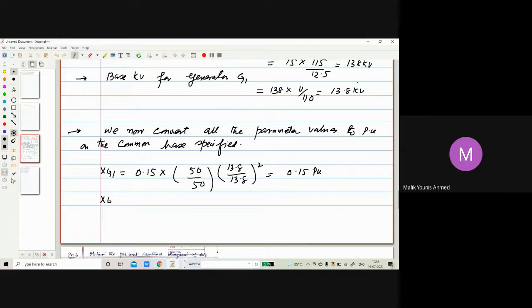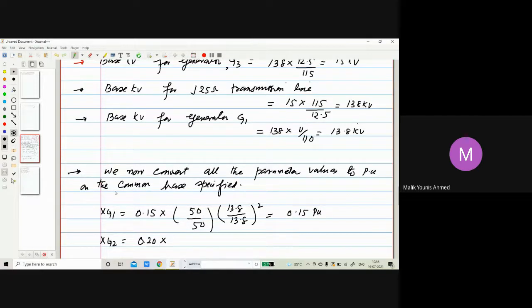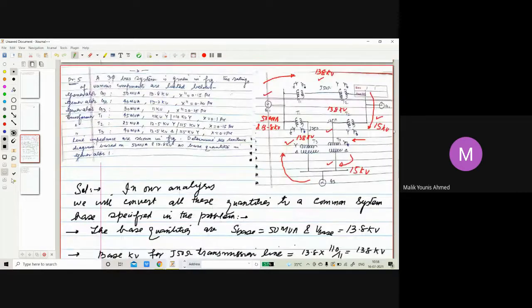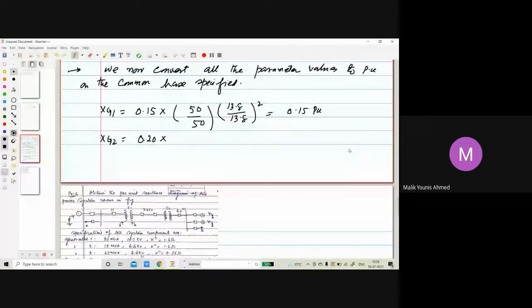Again, xg2 is 0.20 multiplied by, you can see, we'll go for the generators first. Here is generator 2. So generator 2 data is 0.20. S base new is 50. S base old is 40. V base old is 13.2 and V base new is 15. So you have to use them accordingly.